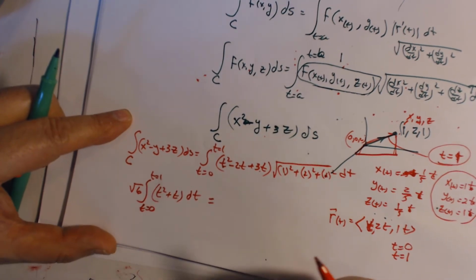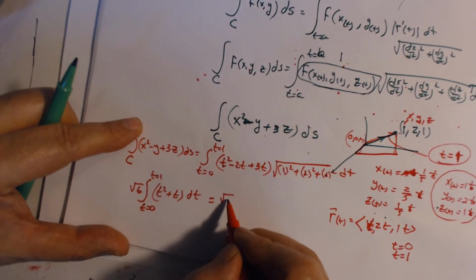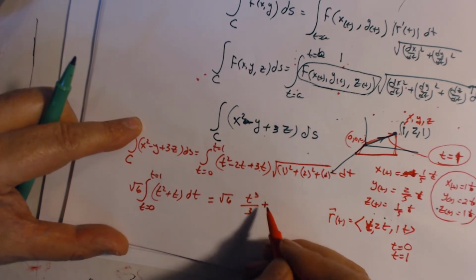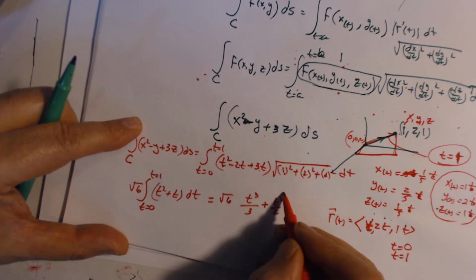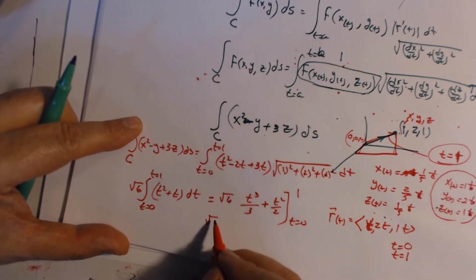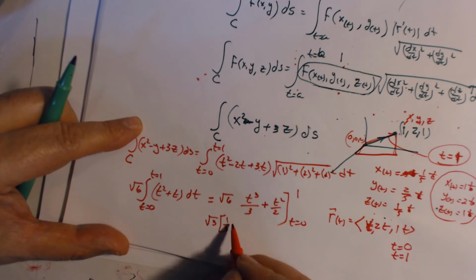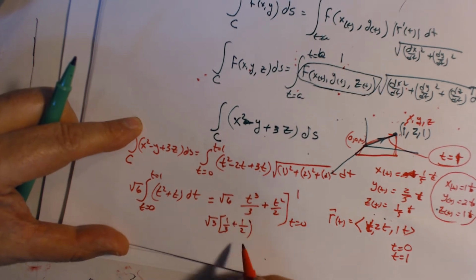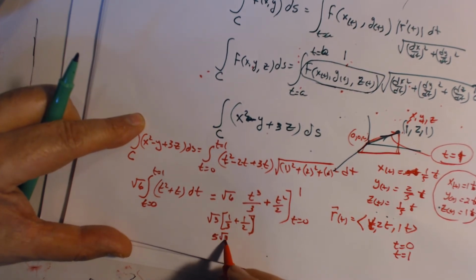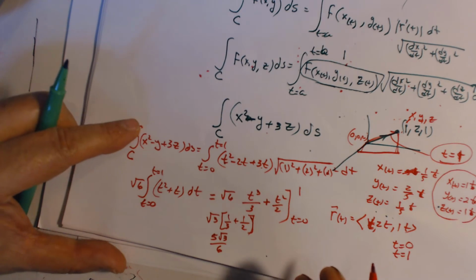That becomes equal to square root of 6 times t cubed over 3 plus t squared over 2 from t equal to 0 to 1, and that becomes 1/3 plus 1/2, which is 5 over 6. So 5 square root of 6 over 6.